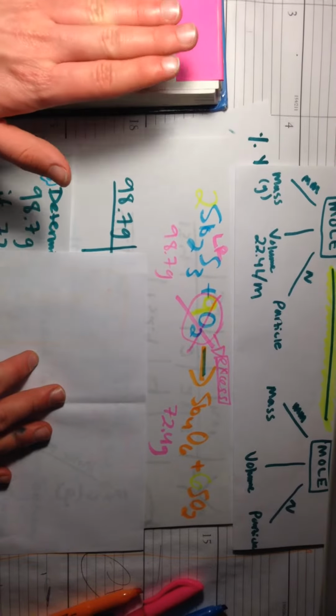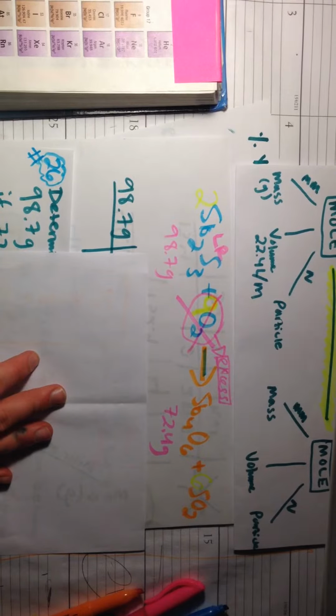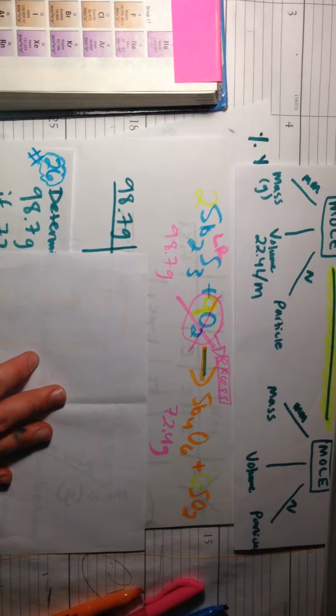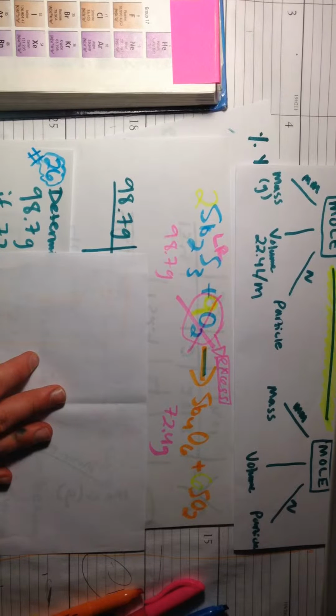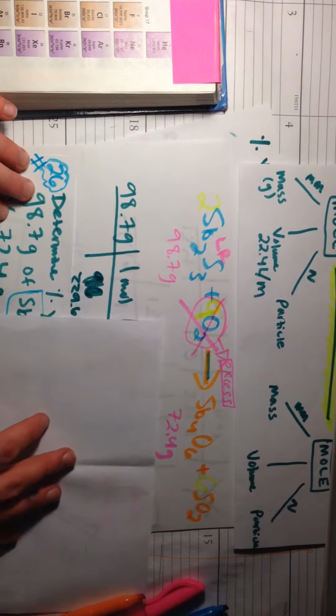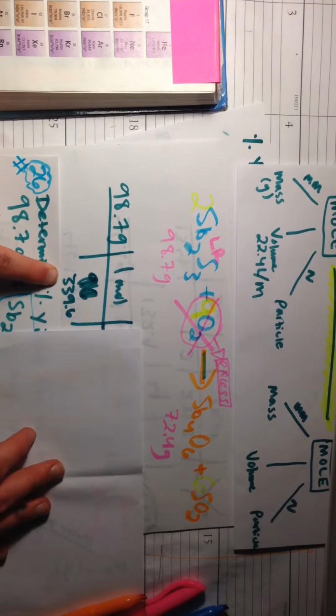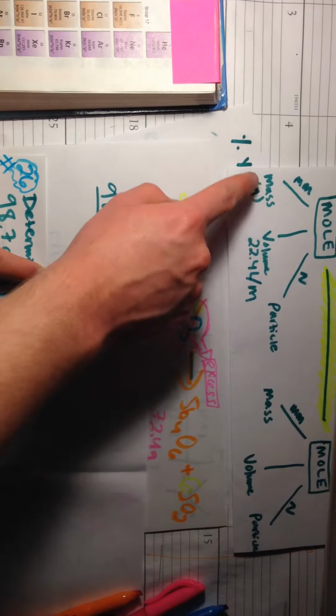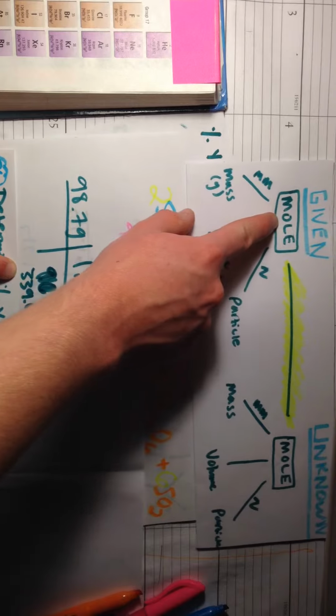Using a periodic table, Sb is 121.8 times 2, which is 243.6. Then add sulfur times 3: sulfur 32 times 3 is 96. You add them both together and you should get 339.6, and that goes on the bottom because you're dividing. So now you successfully went from here to here on your given side.